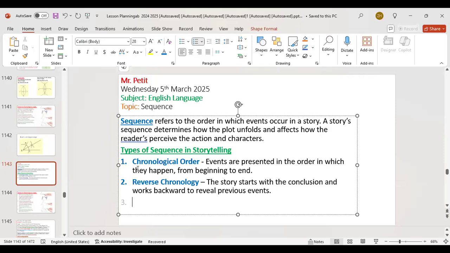Thirdly, and this one happens a lot, this is actually a technique. So if inside the exam they ask you what techniques the writer used, one technique that writers use, which is associated with sequencing, is flashback.